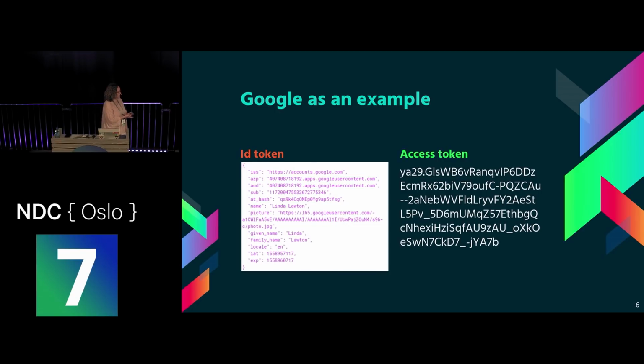Once you know what claims are inside of your ID token, you can then see the difference. With an access token, those are not always JWTs. There's no claims or no tokens inside of these. It's just decrypted by the actual API to know who has access.